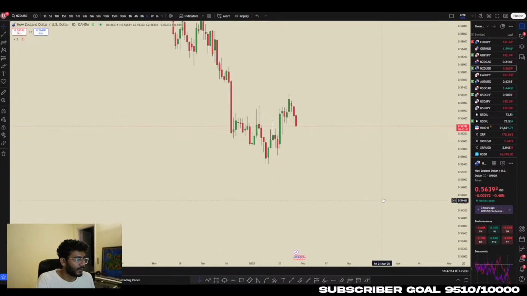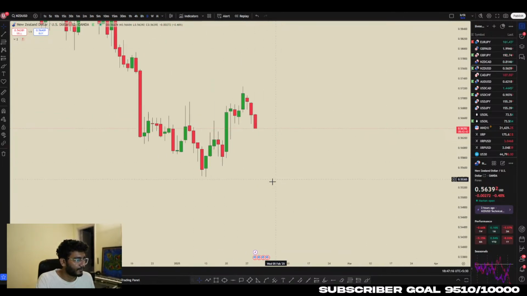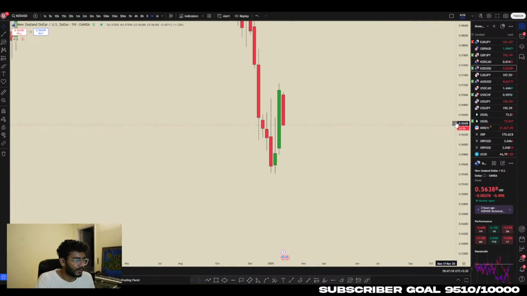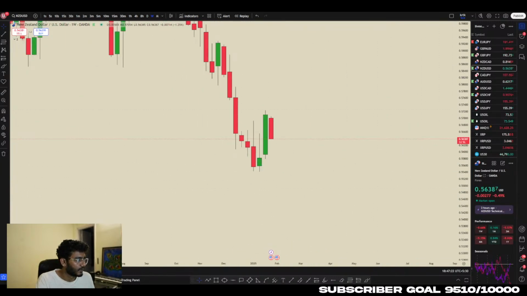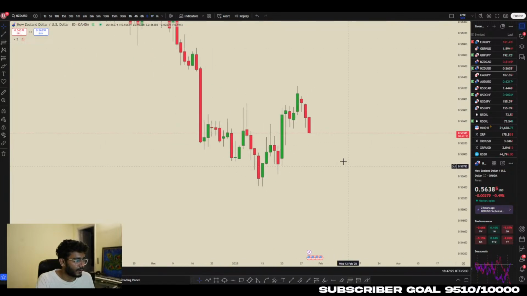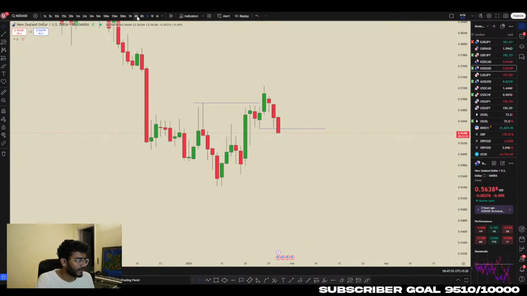On NZD USD, we can see on daily time frame, overall the trend is bearish. Okay, on weekly time frame, we can see price has created this high, which was induced by this candle. So we have this new change of character on daily time frame.